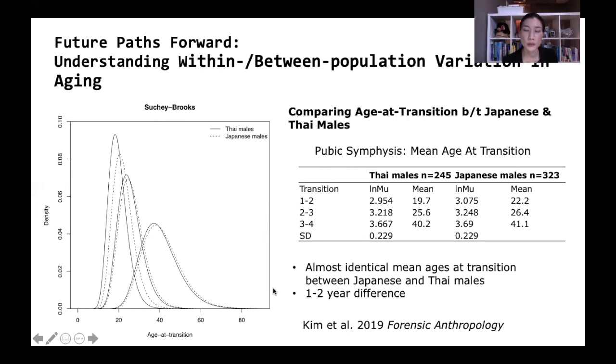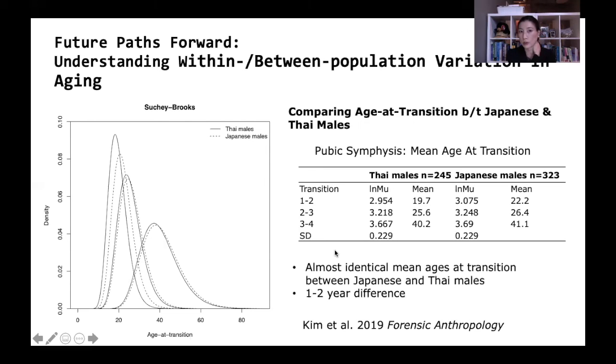So here it shows the result of the research that I recently did last year. I compared the speed of aging of the pubic symphysis between Thai males and Japanese males based on the cumulative probability analysis.